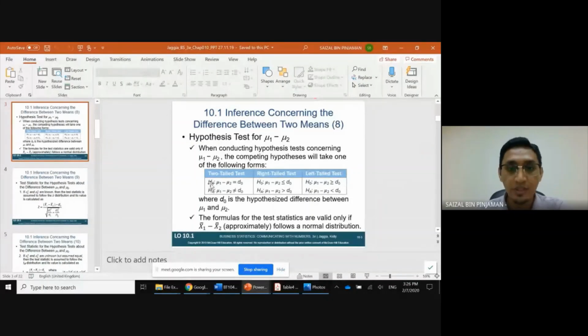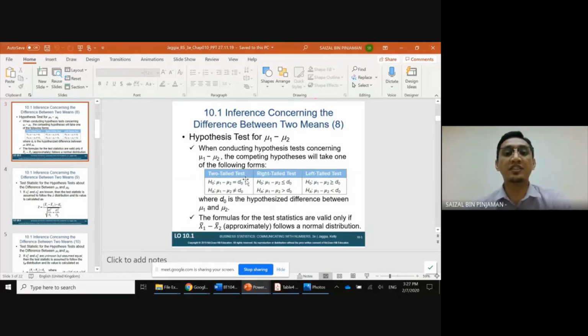In a two-tail test, our H null states that population mean 1 minus population mean 2 is equal to the hypothesized difference.